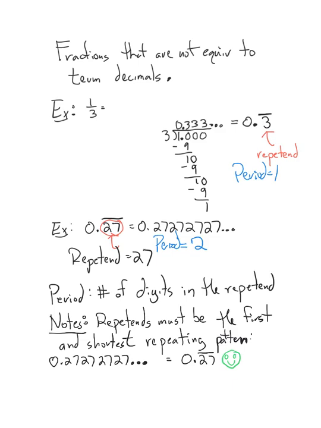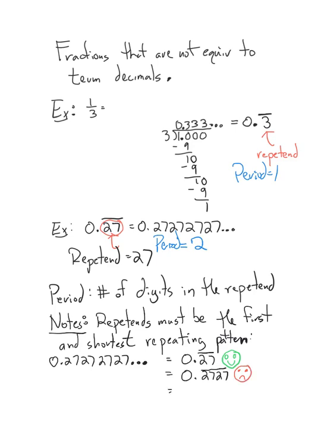So if I wrote it like 0.2727 repeating like that, well, I could write it shorter. I could just write 0.27. So this is no good. So we want the first and shortest repetend we can get.